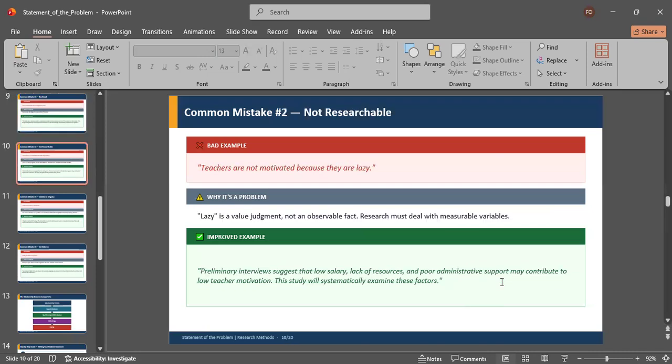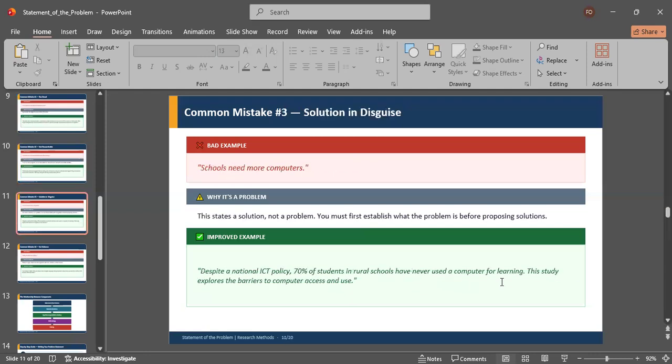Look at the next one: "Preliminary interviews suggest that," so that means the person has done a background check already. Preliminary interviews suggest low salary, lack of resources, poor administrative support. Now look at the third one: "Despite the national ICT policy, 70% of students in rural areas." So there should be evidence to prove that your problem is actually existing.